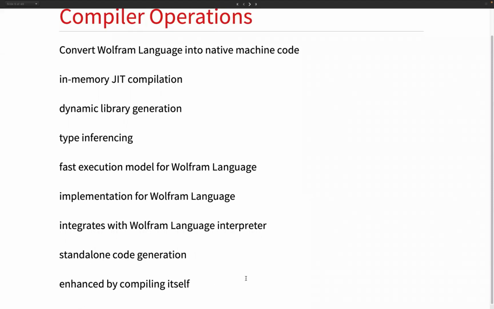It integrates very tightly with the Wolfram language interpreter and expressions. It can make standalone code, but that's not something that we really have worked on a lot, and we're enhancing it. We're doing more of this for the compiler to compile itself to make it faster.